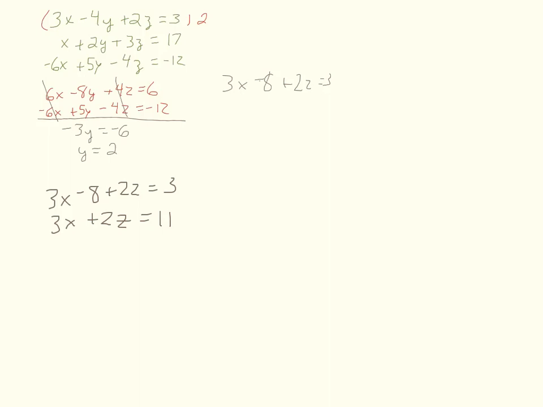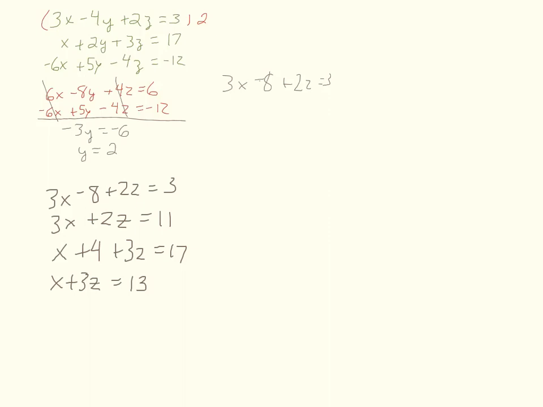Okay? And the next column, we can choose either one, but let's take that second equation, x plus 2y, but 2y is a 4, so x plus 4 plus 3z equals 17. So if I then take x plus 3z, it equals 13. Okay.